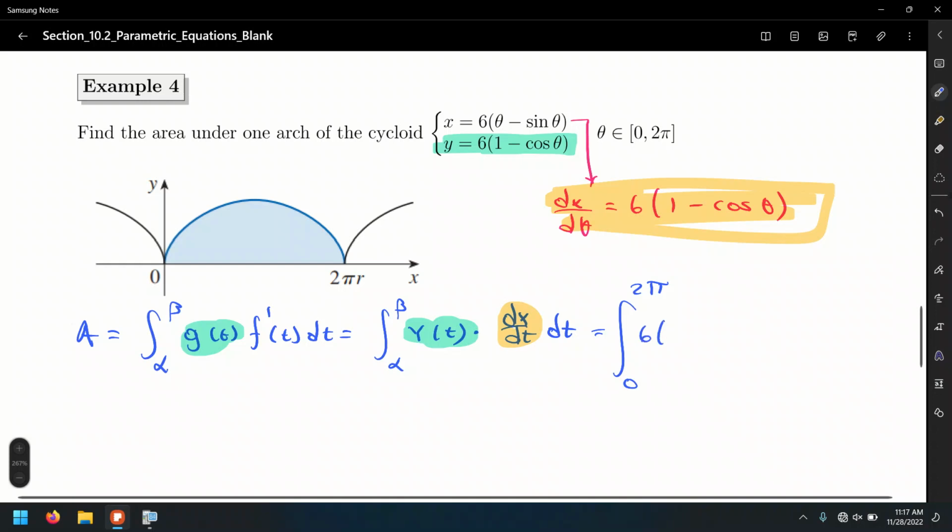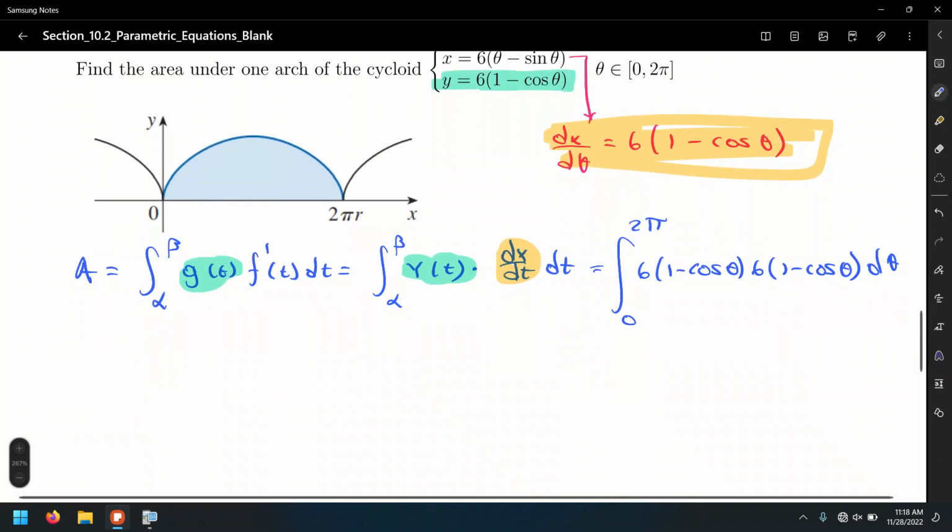So that's 6 times 1 minus cosine theta, that's the y equation, times the derivative of x, which happens to be the same, 6 times 1 minus cosine theta. And I'm going to change all the dt's to d thetas, okay? Because we're working with angles this time. So that's the setup of the integral.